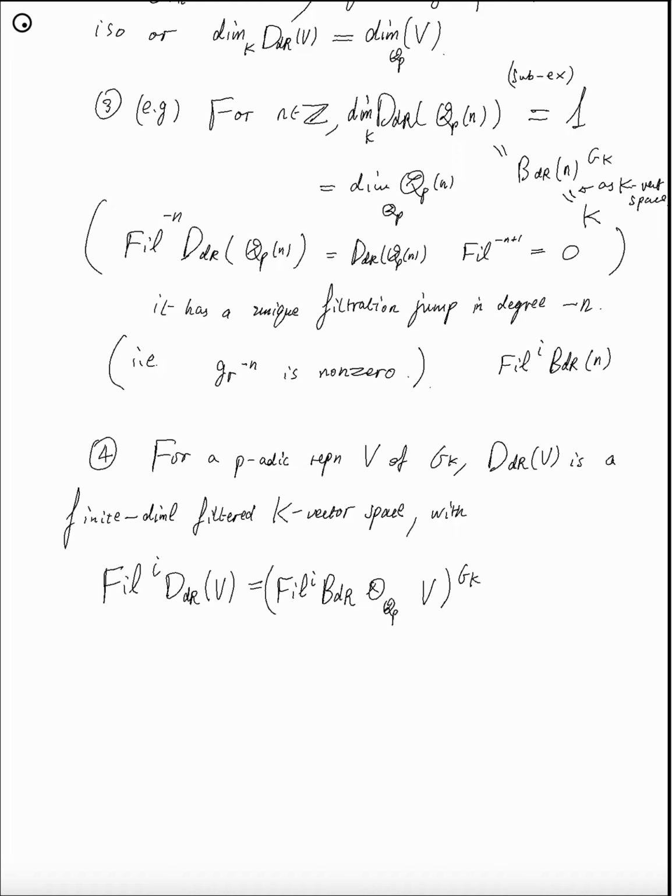So it gives this, the filtration of B_dR is clear, and then by that twist the filtration jumps.